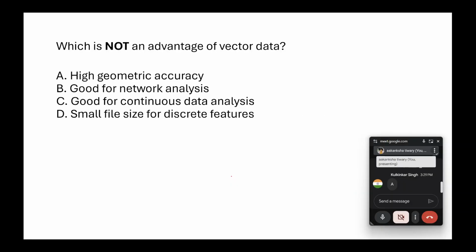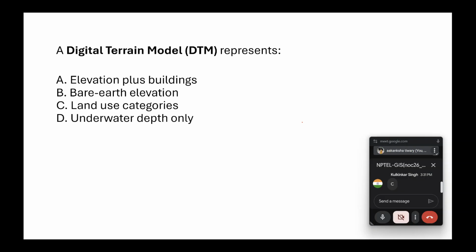This we already discussed, so I'll not go through it again, but there are some questions. If you have gone through the previous session, you can answer this. Which is not an advantage of vector data? High geometric accuracy, good for network analysis, good for continuous data. Yeah, correct. DTM represents what? Elevation plus building, bare earth elevation, land use category?